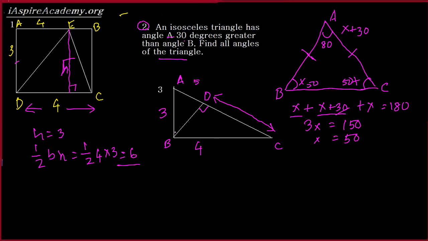Since we are given this is a right angle triangle, by applying Pythagorean theorem we can find AC equal to the square root of 4 square plus 3 square, correct, which leads to 25, that leads to 5.